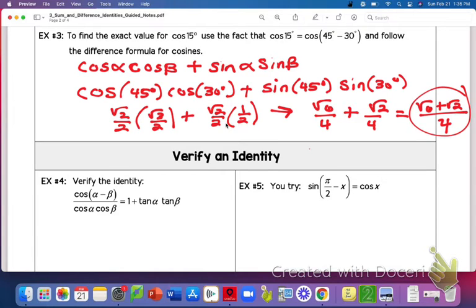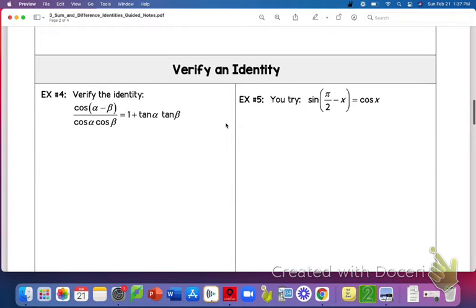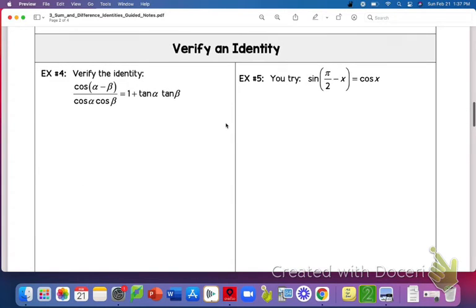Done. Yeah, I mean, I guess another way we could have factored out a root 2, and then that would have left me with root 3 plus 1 all over 4. Same answer, right? All right, so now we're going to use the sum and difference identities to verify identities.